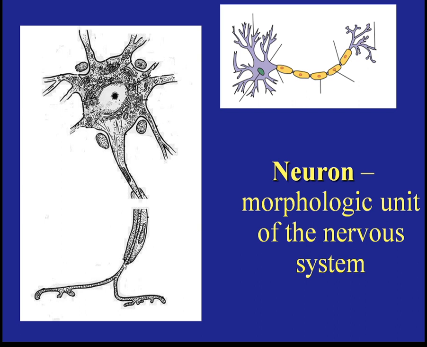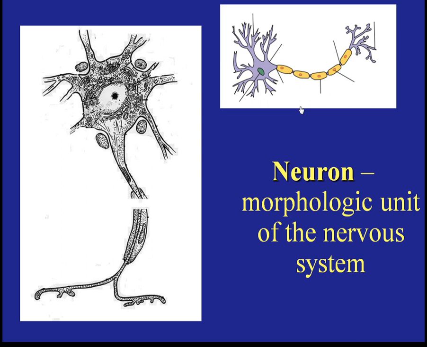Axon is always only one, and axons pass information from the body cell outside. And the second modality of extremity of neuron is dendrite. Maybe none of them, maybe one, two, several, and they always give information inside to the body cell.